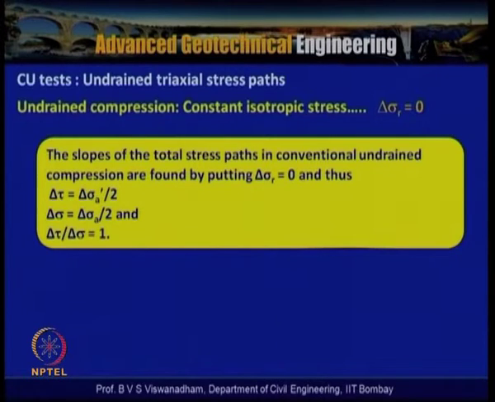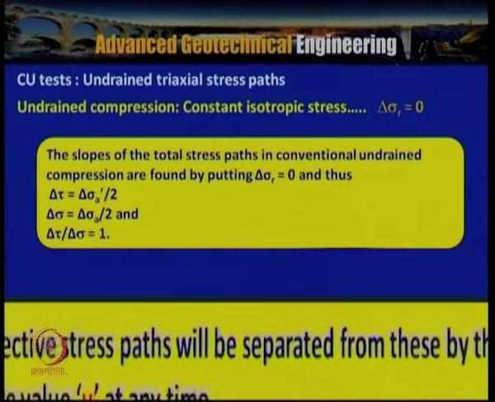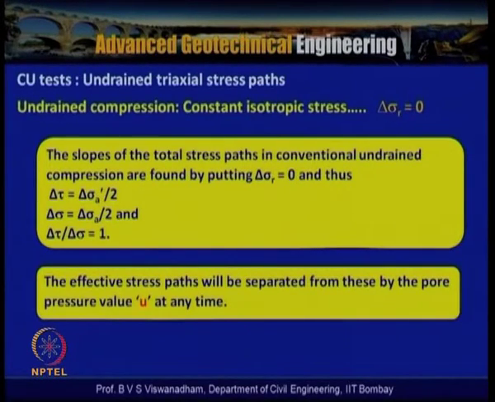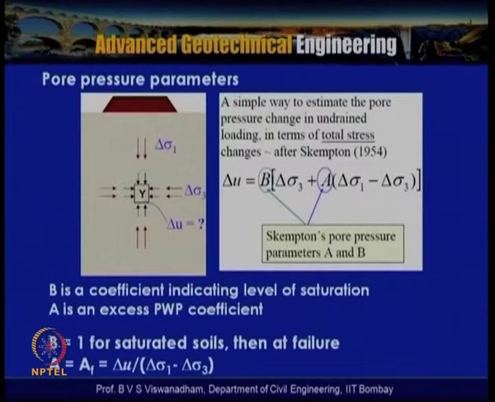The slopes of the stress paths in conventional undrained compression are found by putting delta sigma r equal to 0, and with that we get delta tau is equal to delta sigma a dash by 2, and delta sigma is equal to delta sigma a by 2, so the ratio of delta tau by delta sigma is equal to 1. The effective stress paths will be separated by the pore water pressure value u at any time.